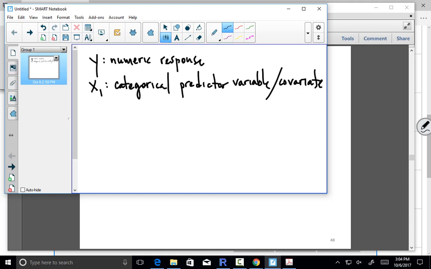If that was the case, then we might consider a model of the form y modeled in terms of x1. That tilde is just loosely, all I mean by that is we're going to model y in terms of x1. In R, when you do model statements, like with a regression model or ANOVA, R uses this tilde notation to indicate model something in terms of.